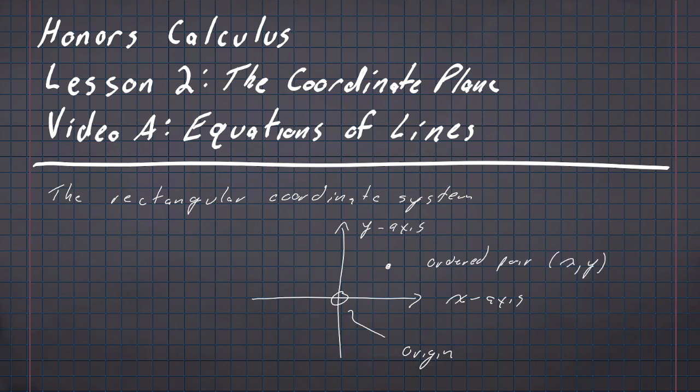And any point on the coordinate plane is described by an ordered pair (x, y).